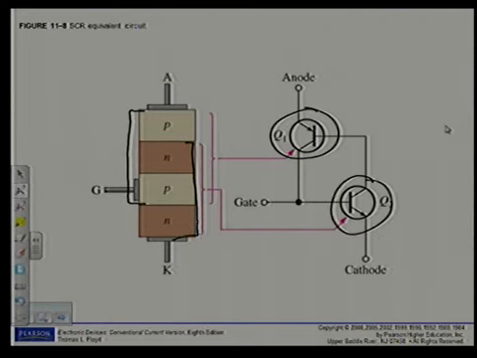So for the equivalent circuit, it will be formed with Q1's collector connected to Q2's base, and that will form the gate terminal. So you have to know how to draw the transistor equivalent circuit of the SCR as well.